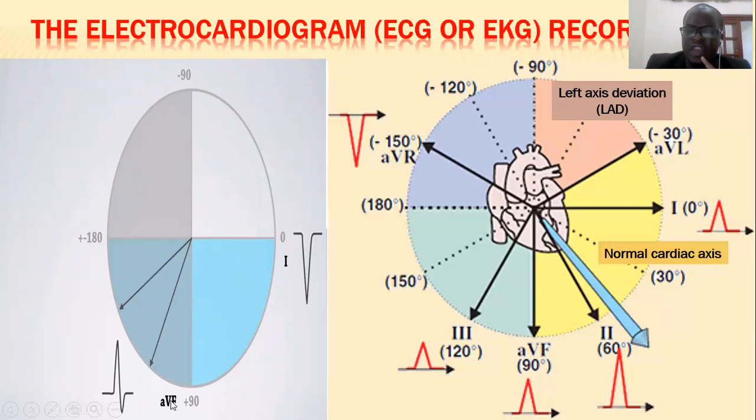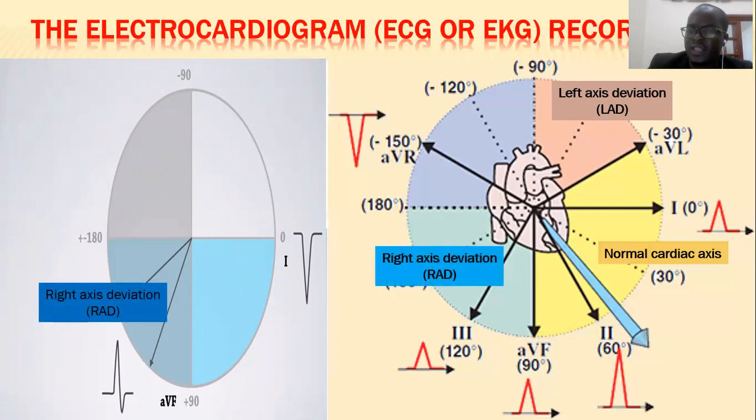If your AVF is mainly positive, shown in green here, it means that your cardiac axis will be the intersect between lead 1 and AVF. The intersection here is found between negative 180 or positive 180 and positive 90. So the cardiac axis has now deviated to the right. This is called right axis deviation.